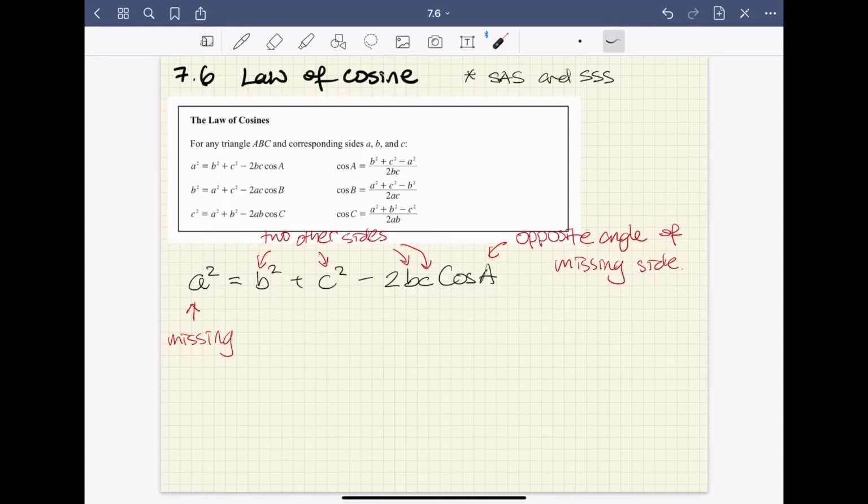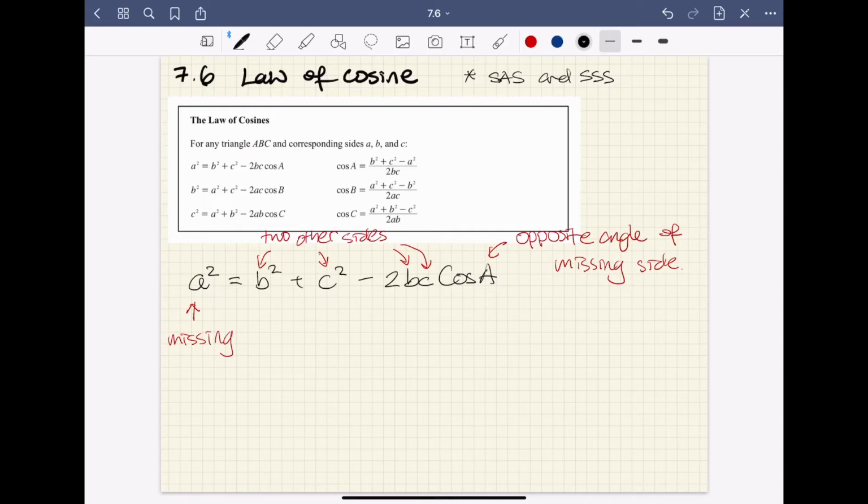Okay. All right. So let's take a look at where this one comes from. This one comes from isolating the cos A here. We can do that from this formula. Let's try to isolate cos A. If you don't want to memorize the formulas, you can try to isolate it.